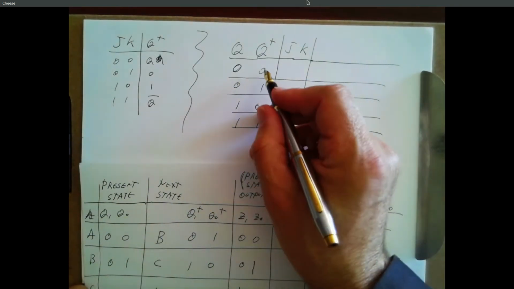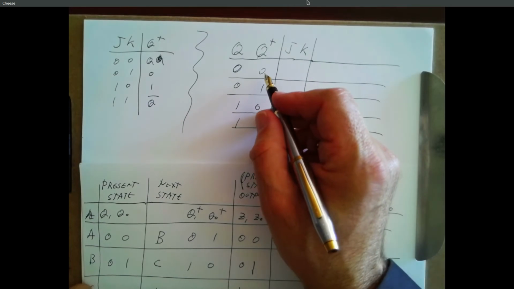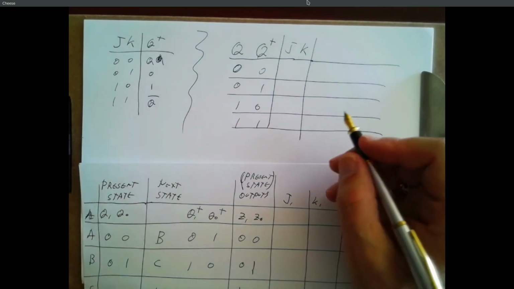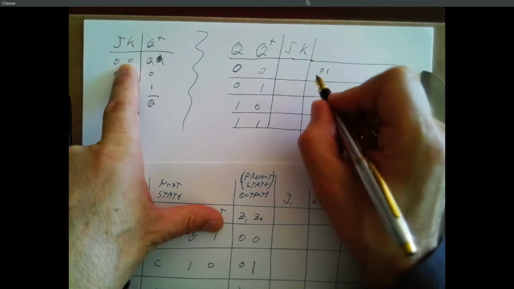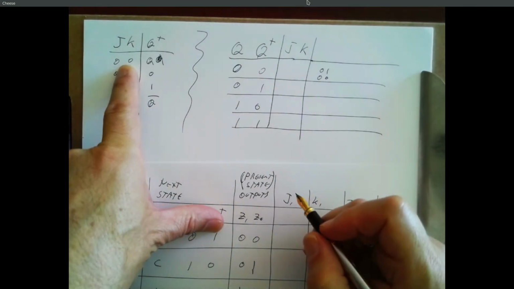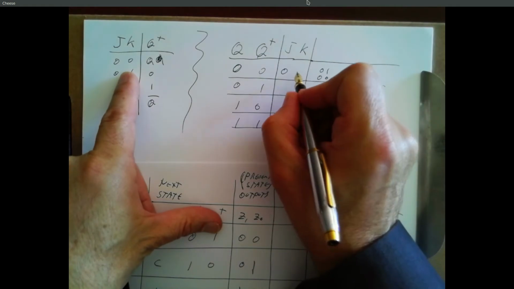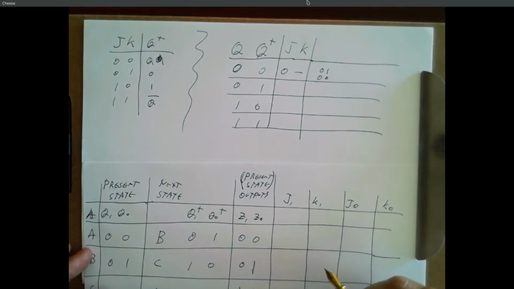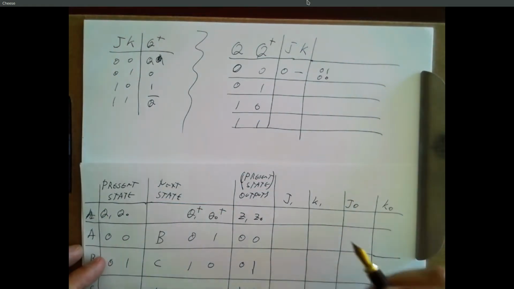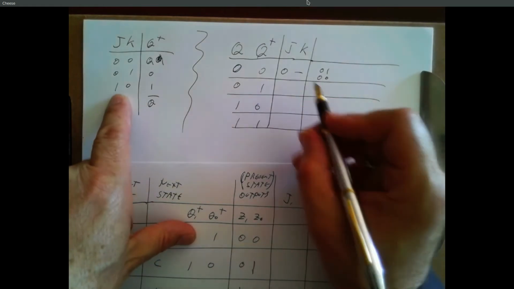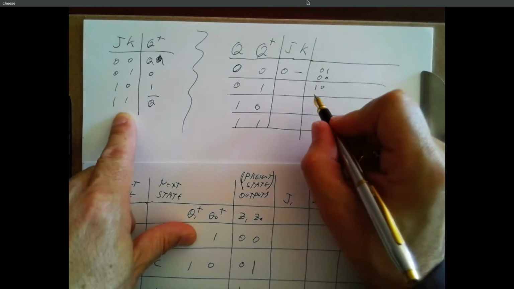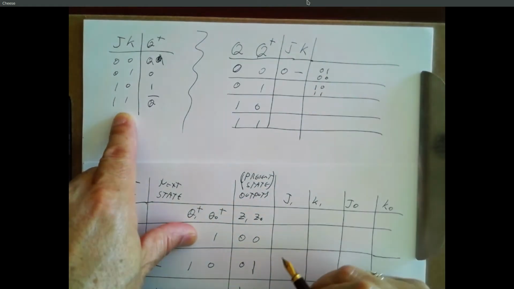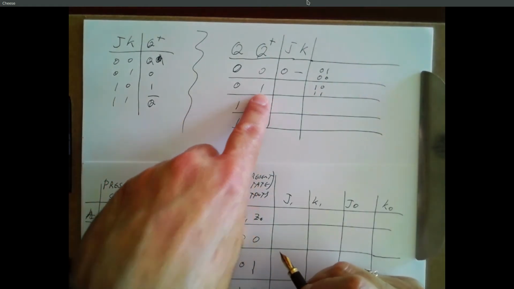So if Q is a 0 and we want Q plus to be a 0, we want either a 0, 1, which says 0, or we want a 0, 0, which says don't change. Right, so this can get filled in as a 0, don't care. If we want our output to become a 1, we can either set JK to 1, 0, which says make the output a 1, or we can set it to 1, 1, which says toggle the output, change from a 0 to a 1.